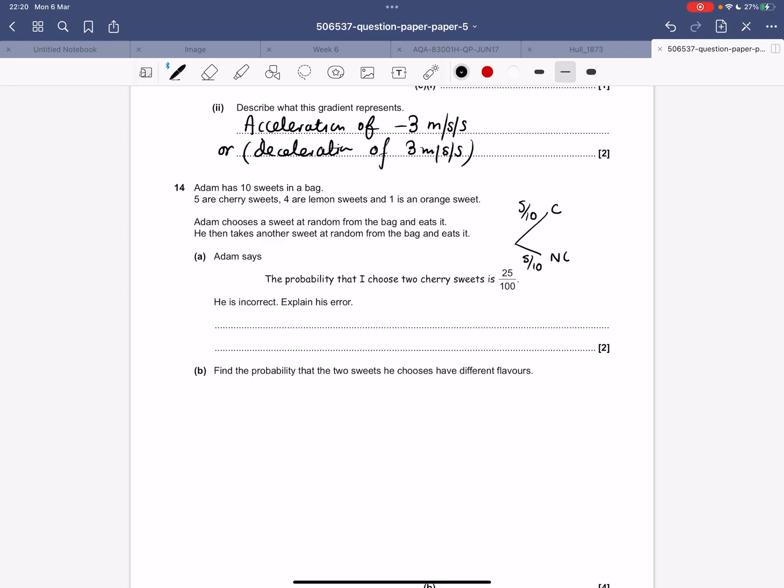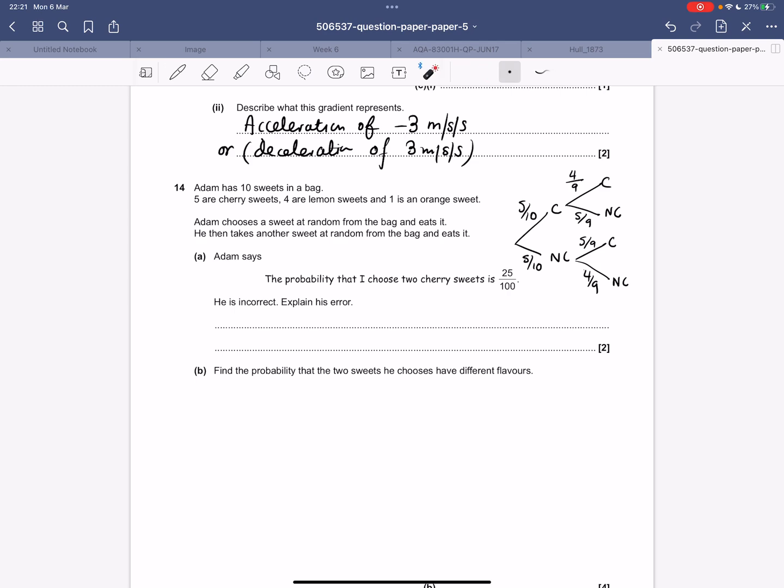But then he's eaten the first. If he gets a cherry first time, he's only got 4 left, so it's 4 out of 9. No cherry, he's still got 5 out of 9 there. If he doesn't get a cherry first time, he's got 5 out of 9 for a cherry there. And then cherry, no cherry, that's going to be 4 out of 9, that one there.